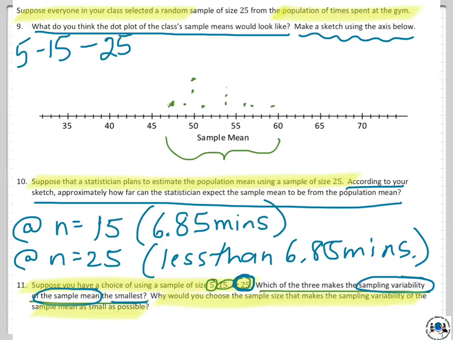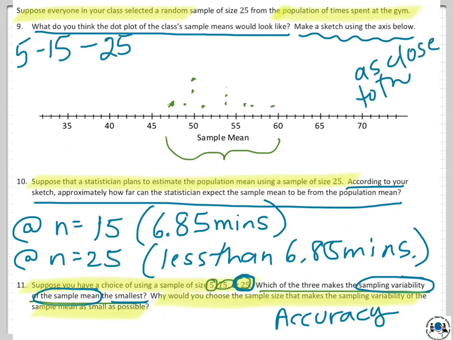Well, you want accuracy. You want greater and greater accuracy. You want to be able to feel sure that you are less and less far away from the actual mean. You want to be as close to the actual mean as possible.